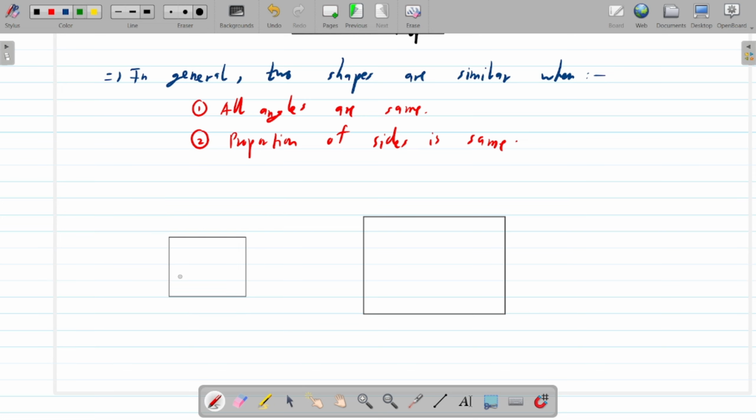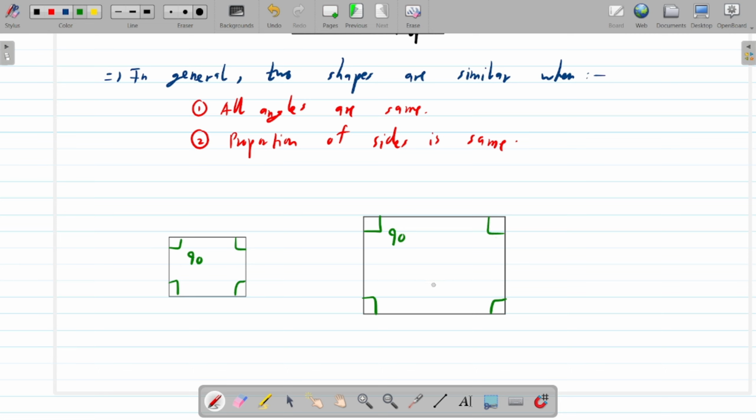Now let's say in this shape you had this angle as 90. That's a square, it will have all of its angles as 90, and this one is also 90. So first thing, all angles are same. This is 90, this one is 90, this one is 90, and this one is 90.